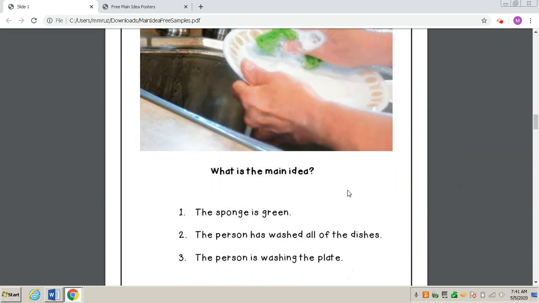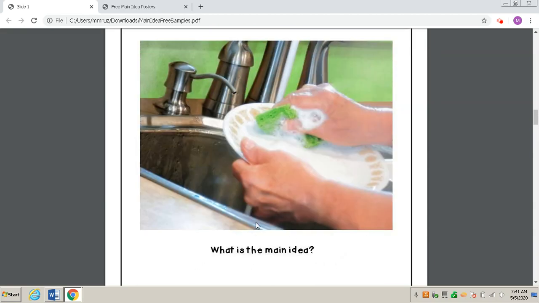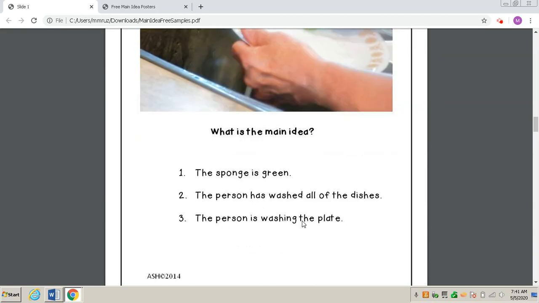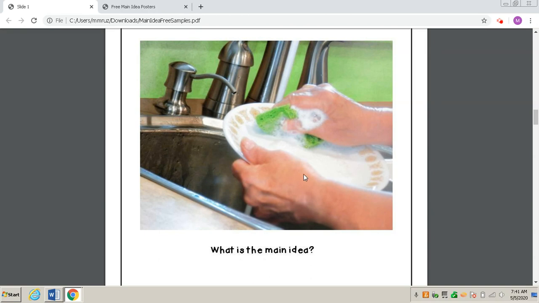So, the main idea is not just the green sponge, because that's not the only thing in the picture. The main idea is not that the person washed all the dishes, because I don't see any dishes, but the person is washing the plate, so we know that that is our main idea of this picture.